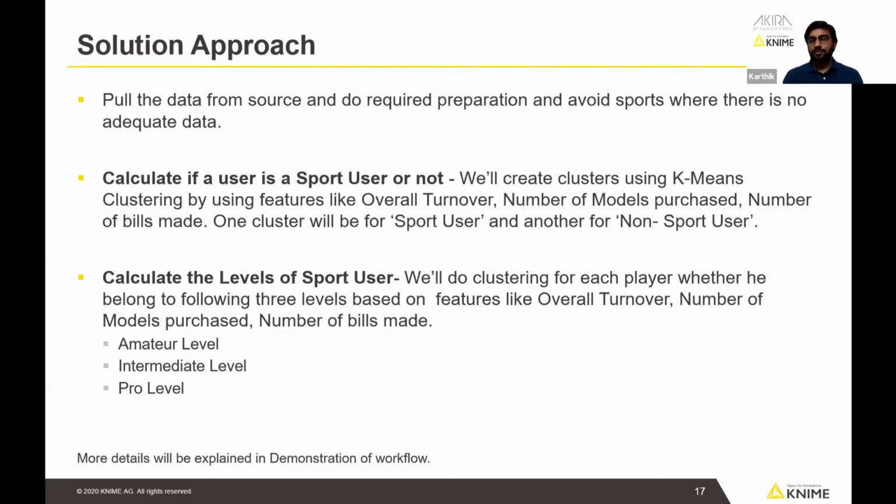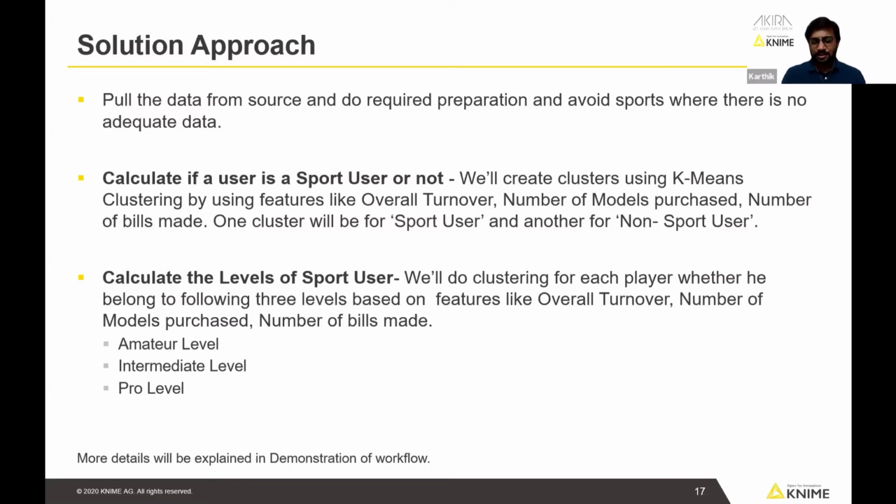This cluster we further split in the second level of clustering into 3 levels: pro, intermediate, and amateur. These levels are not based on their sport capabilities. They're based on how probable these users can come back to us to purchase the new services or the existing services. Pro means they have a better probability; they can be our new customers for the new services. So that's what this leveling means. This is a high-level solution approach.